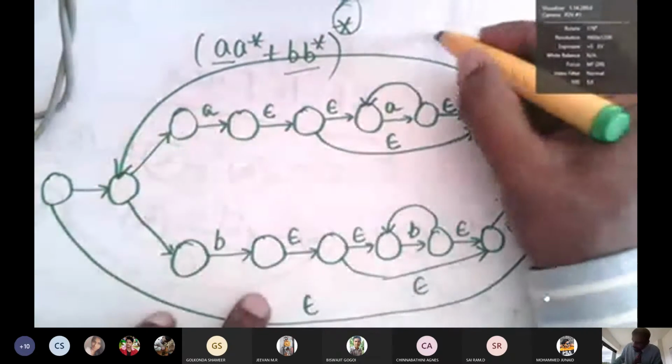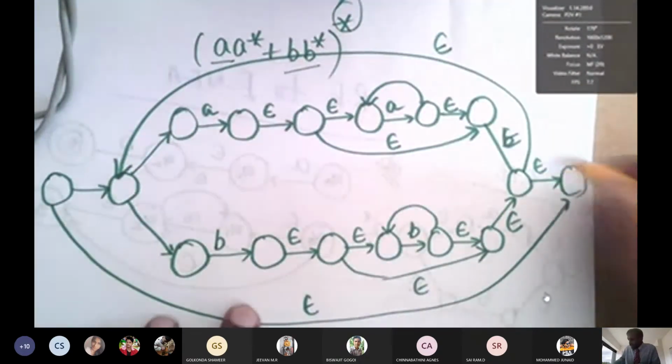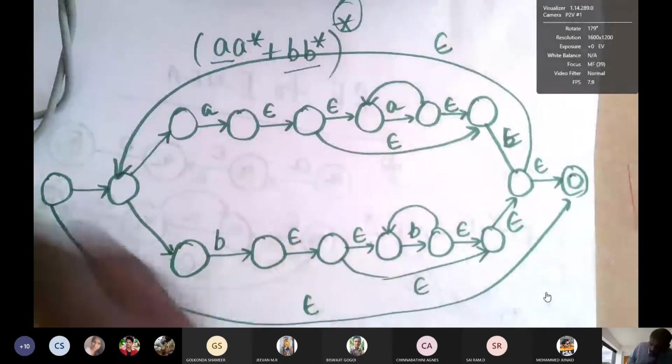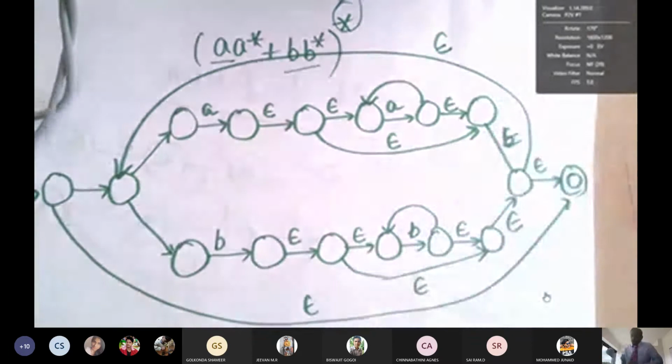So put an epsilon here, put an epsilon here. This will be my final state, and this will be my initial state. I'll start numbering here.